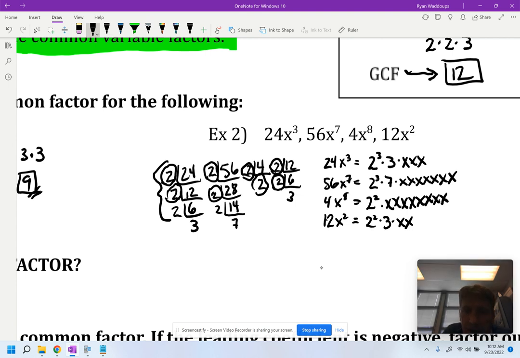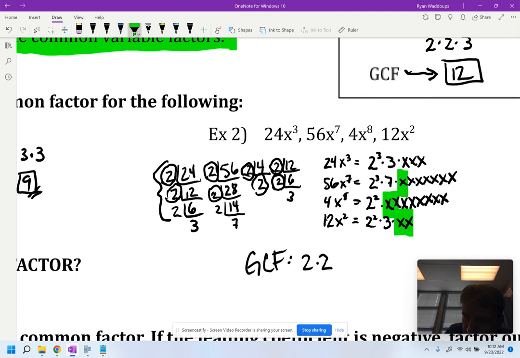Now, we've already decided that for the coefficients, they have 2 2's in common. So the GCF, 2 times 2. When I look at the variables, we're limited by the one who has the least, so there's 2 x's here.